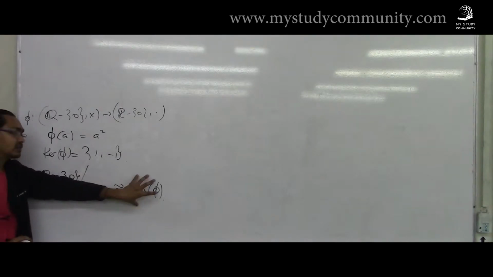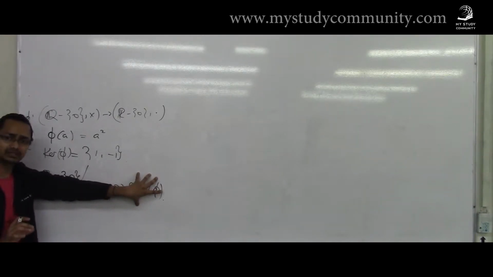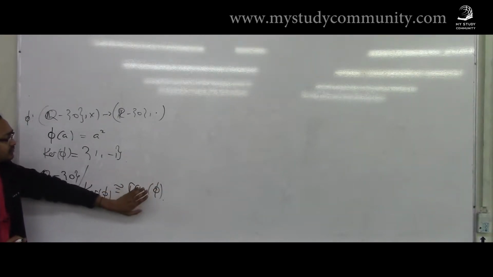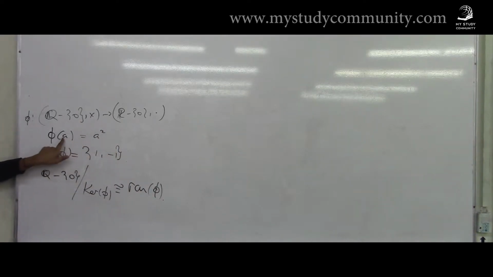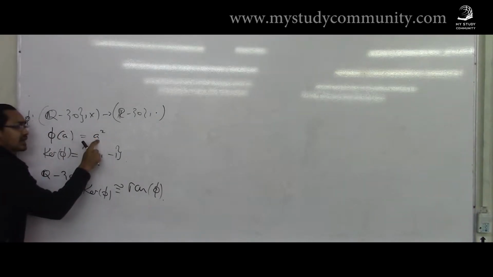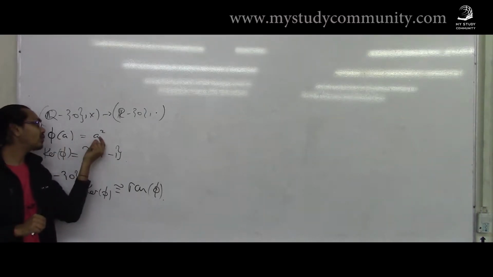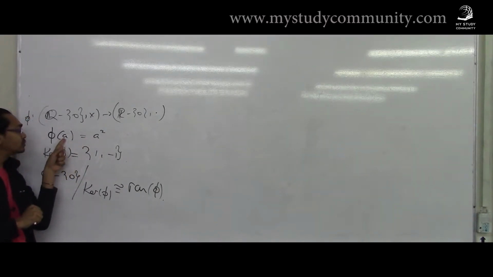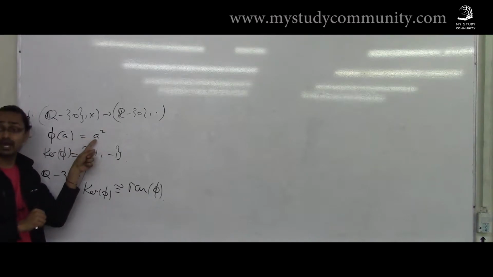Now let's just understand what the range of phi is. This is important. So phi squares the elements from Q. All the elements A are taken from the first group, which is Q, and they are squared. So the range would be all the elements in Q squared.